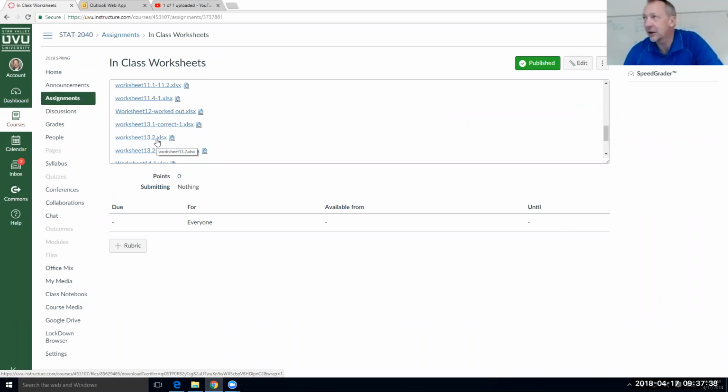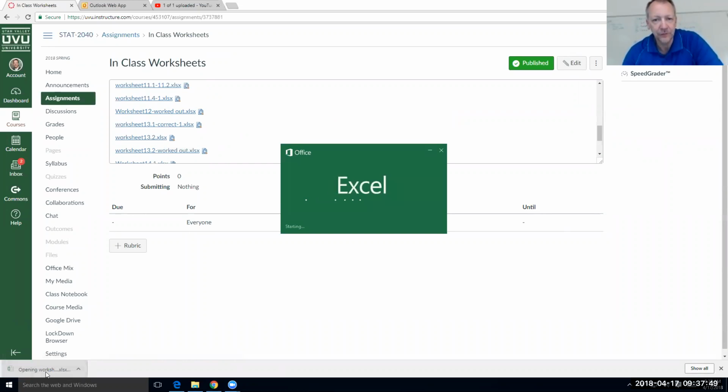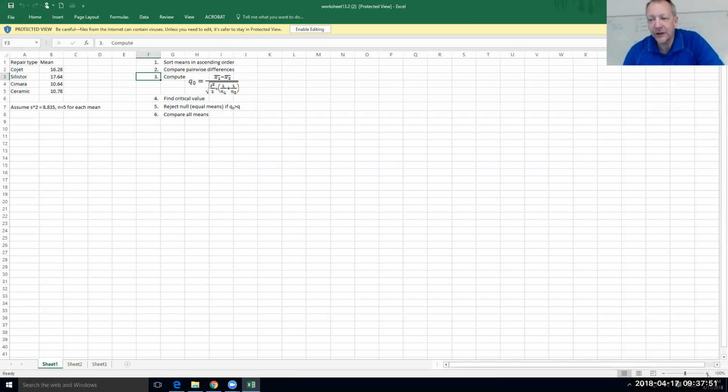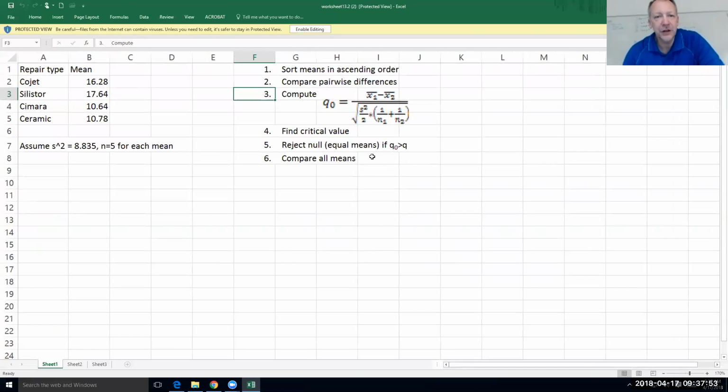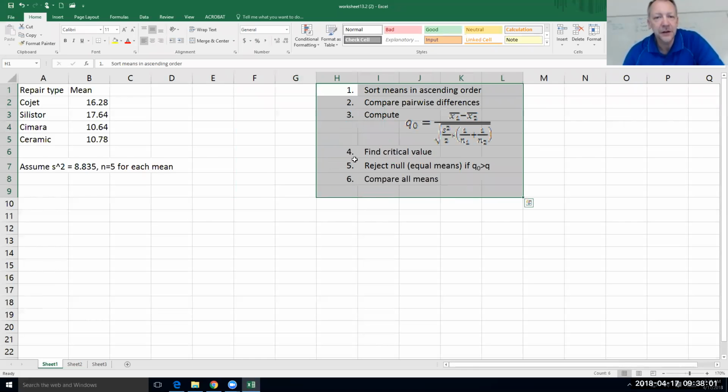You can see the correct one, so I don't have to post it again later. All right. So here is our worksheet. The idea here is we've just done our ANOVA test, and we know that at least one of the means is different.